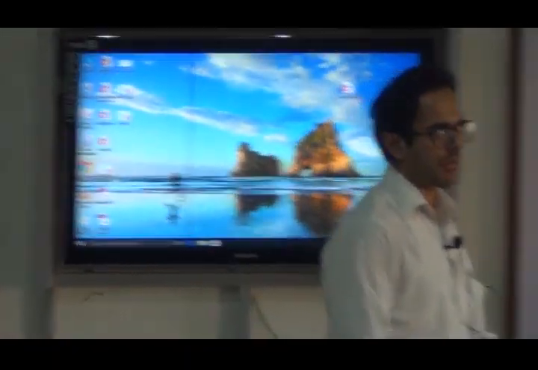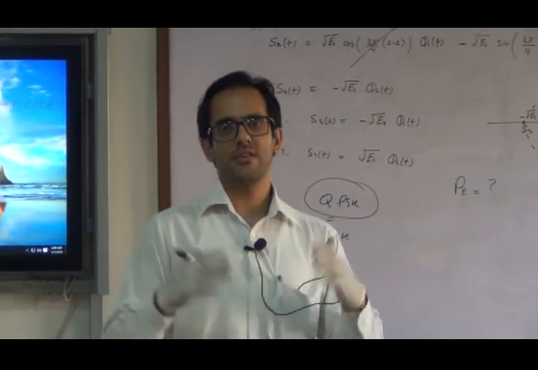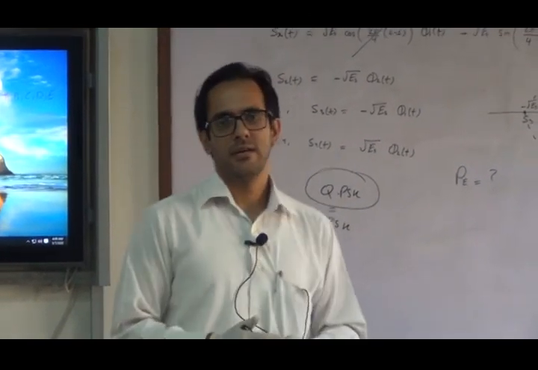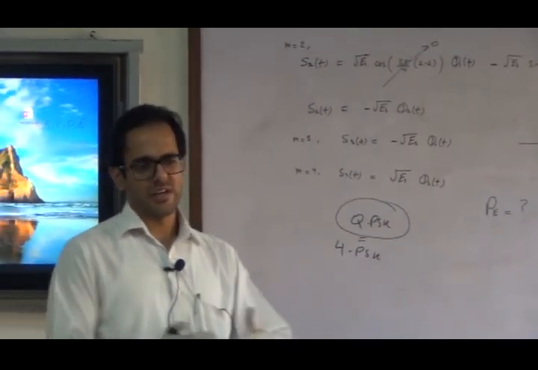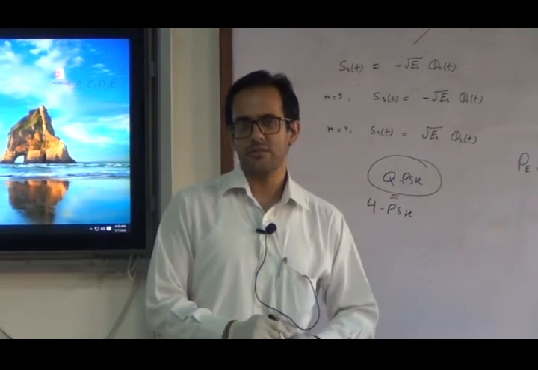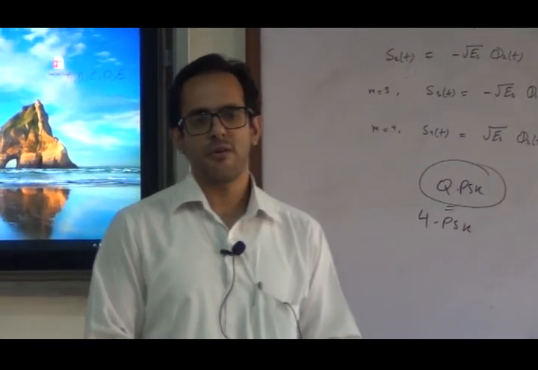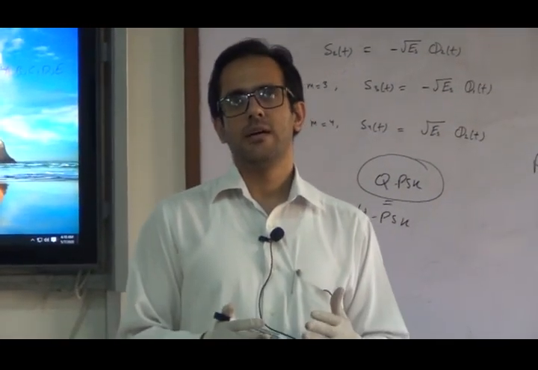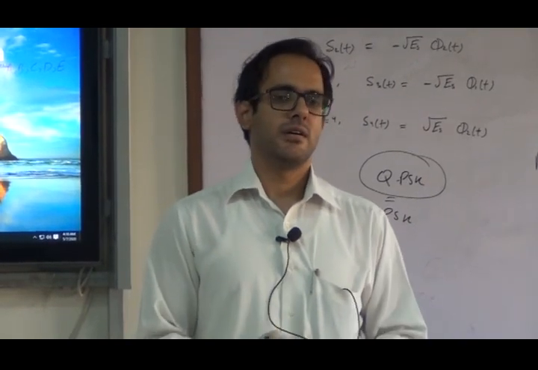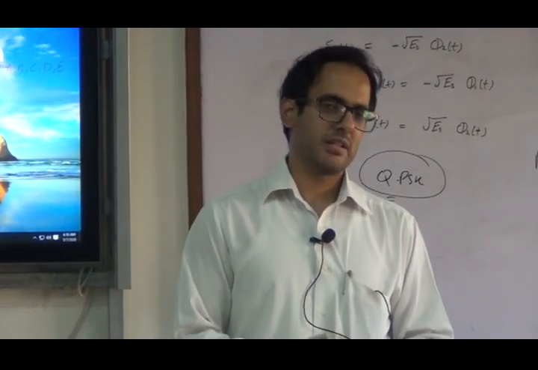For higher constellation sizes, we may not use this traditional method to compute the Q functions and probability of error. We may go for some approximations using some error bounds. We will talk about those error bounds in the next lecture.